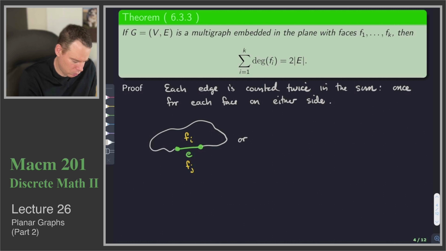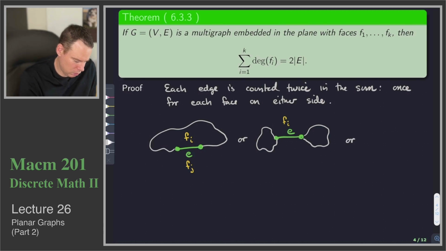Or our edge could look something like this, where a facial walk goes around, then along edge E, then around another part of the walk, and then back along edge E to finish up. In this case, it gets counted twice when we work out the degree of Fi.